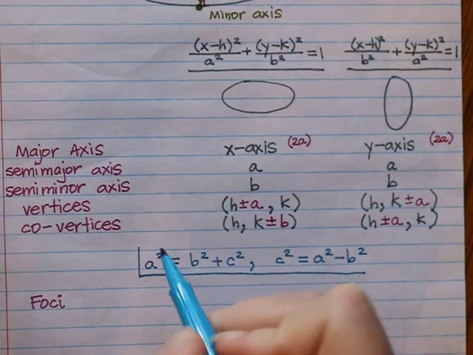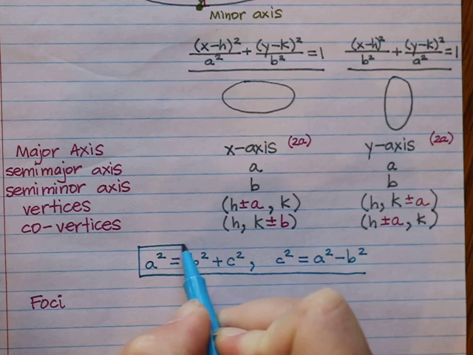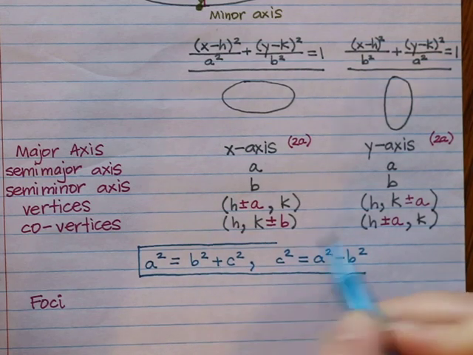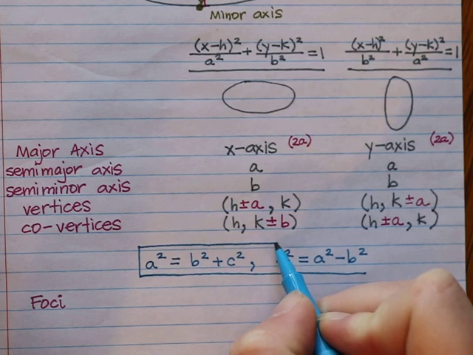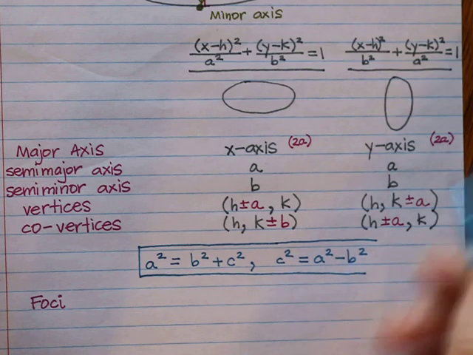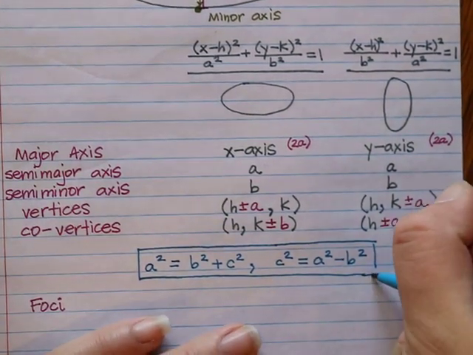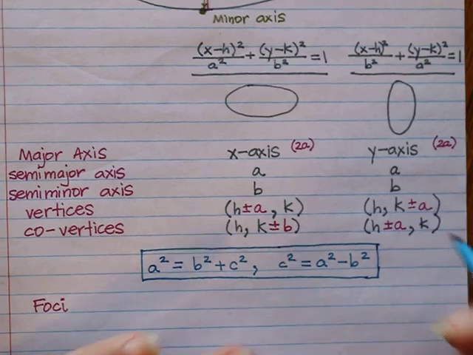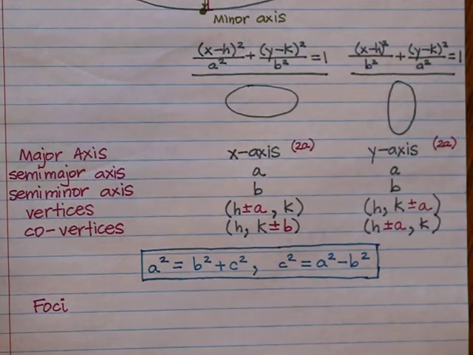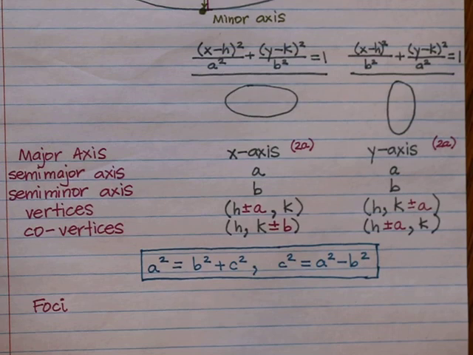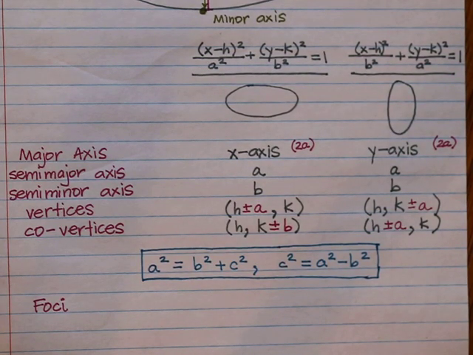If you're confused, all I did from the first equation to the second equation is move B squared over from the C squared side to the other side, because knowing what C is going to be is a helpful piece of information. When we look at this, and it feels like the Pythagorean theorem, that's super cool.